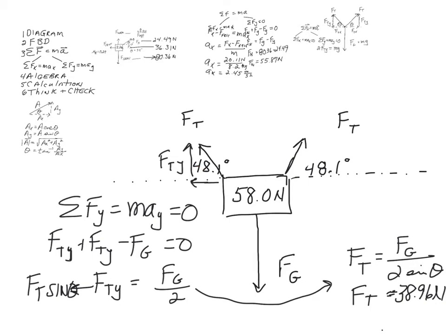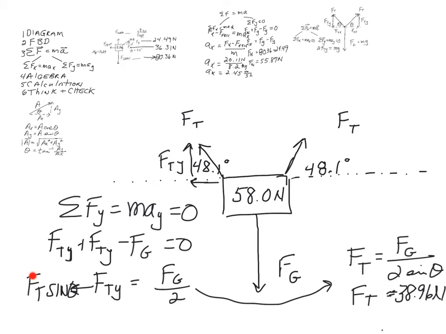So the sum of the forces in the y direction equals may, and so we have FT plus FT minus FG equals 0. And so we get FT equals FG over 2, because this will be 2FT, they're equal.